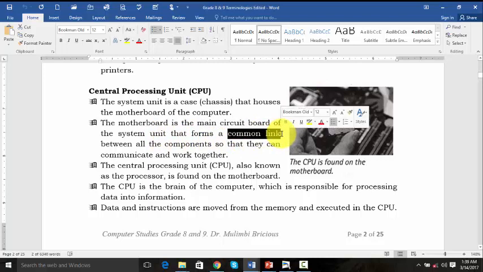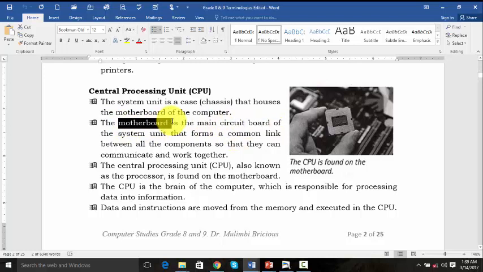Link means to connect between all the components so that they can communicate and work together. So this motherboard connects with the other components so that they can communicate and work together.